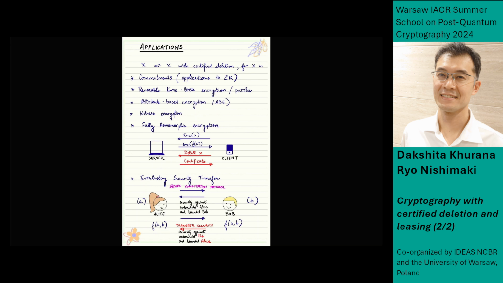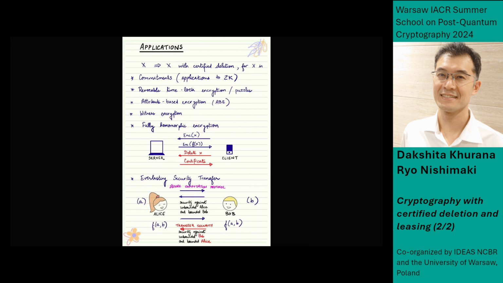For example, there is secure two-party computation. Let's consider oblivious transfer. There is sender security and receiver security, so there are two security notions for secure two-party computation.